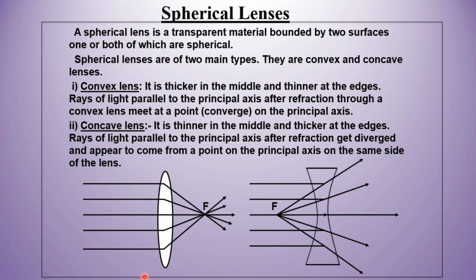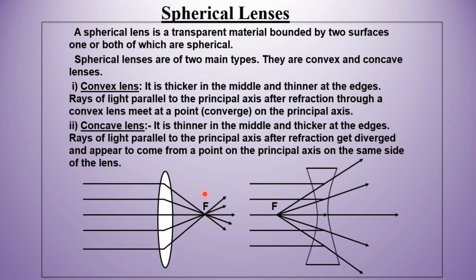A convex lens is the converging lens. It has the name converging lens because it converges a parallel beam of light rays passing through it. They all meet at the point F after refraction.